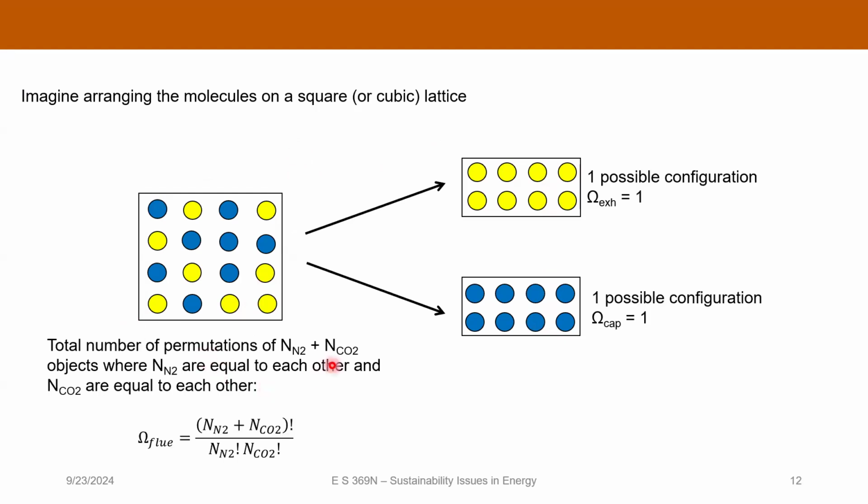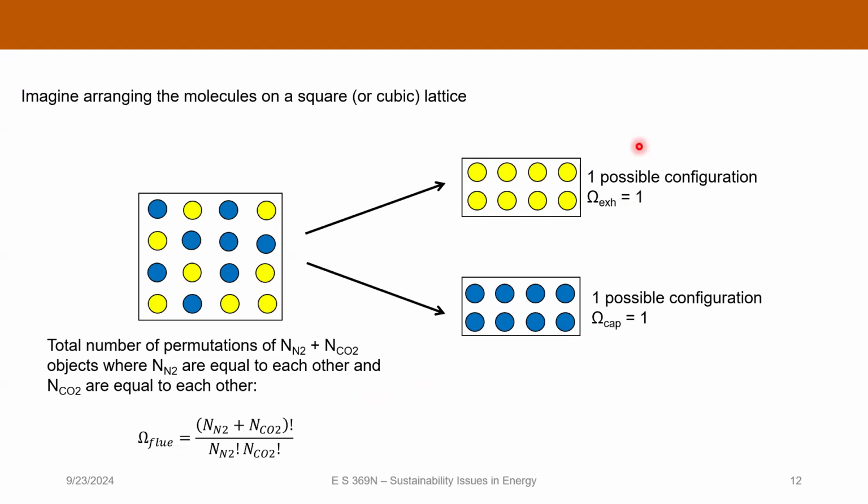Okay, so if I have some number of nitrogen and some number of CO2 molecules on here, where we have different ways of arranging this, we know that the possible configurations on here from probability theory are given by this expression down here. So that's just the number of possible ways you can arrange two things on a cubic lattice like that. So that's a whole bunch of different configurations, right? These factorials get large in a hurry. We'll deal with that in a minute.